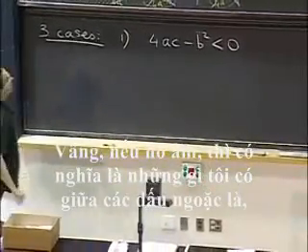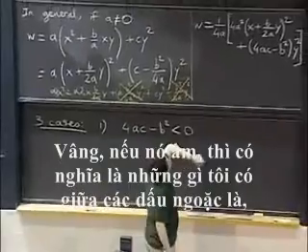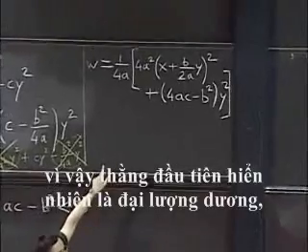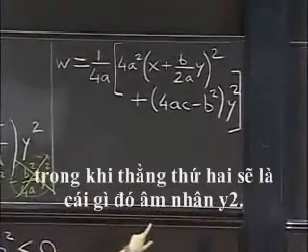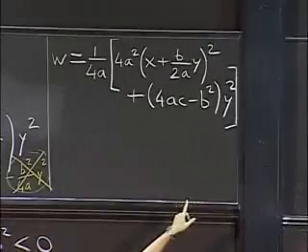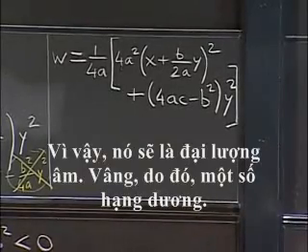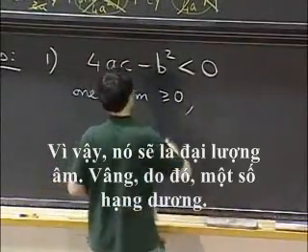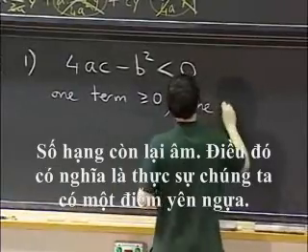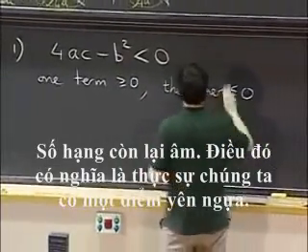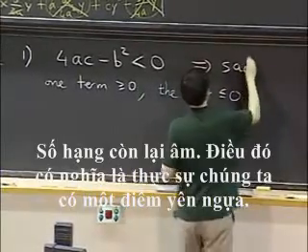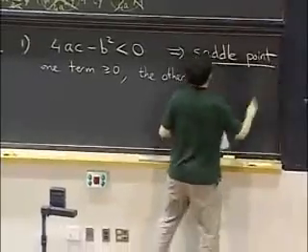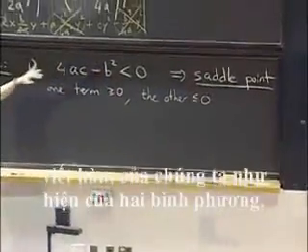Well, if it's negative, then what I have between the brackets is, the first guy is obviously a positive quantity, while the second one will be something negative times y squared, so it will be a negative quantity. So one term is positive, the other is negative. That tells us we actually have a saddle point. We have, in fact, written our function as a difference of two squares.